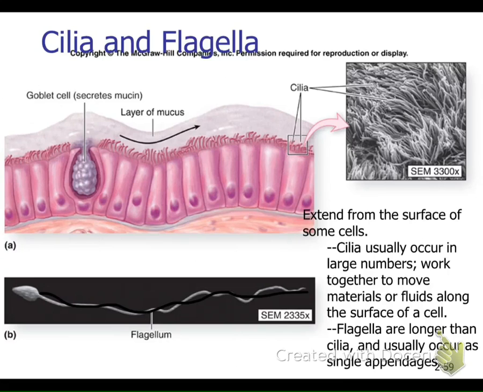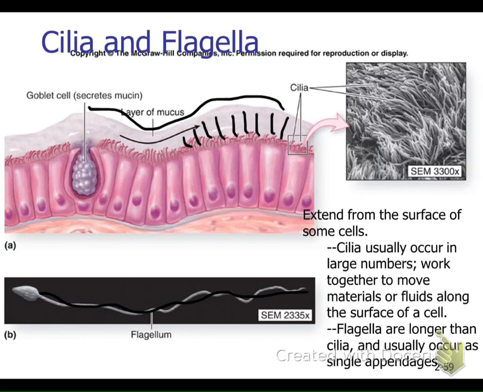When it comes to cilia, cilia will be described as being found in the respiratory tract. So these are the cells lining your trachea and your windpipe, and this layer on the surface is mucus, and that mucus is helping to capture particles as we breathe in.